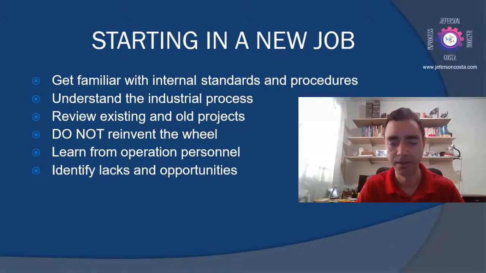Another thing is related to process safety. We chemical process engineers have activities really related to process safety, and in many companies there is no hazard leader, or there is not a person specialized in hazard identification.